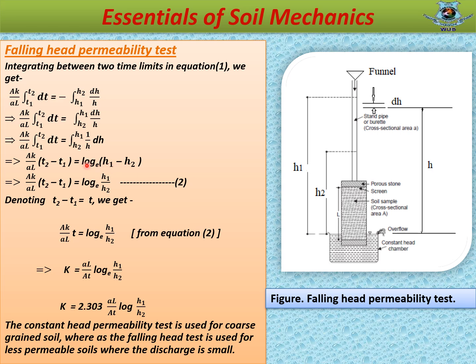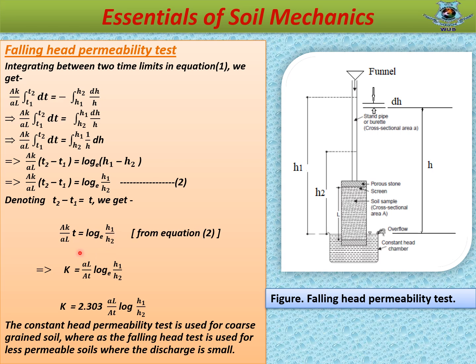From this equation we can write AK by AL into t2 minus t1 equal to log e h1 by h2. If we write t2 minus t1 equal to t, we get AK by AL into t equal to log e h1 by h2.